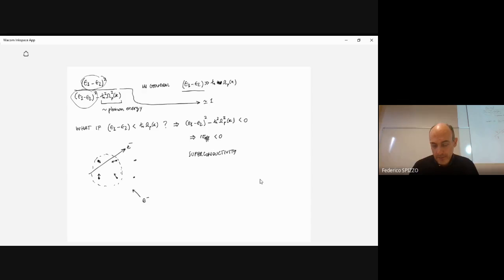The idea is that if the coupling between this electron and this electron is strong enough, then no impurity, no defect, no scattering will destroy that couple of electrons. And if you are not able to destroy that couple, the electrons will travel through the system without feeling the effect of any scattering event. So they will be able to move in the system with infinite conductivity. That's why this mechanism is at the base of superconductivity.